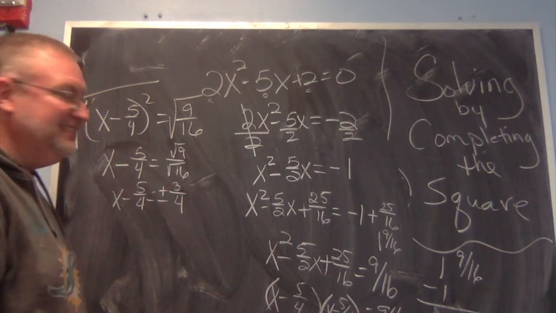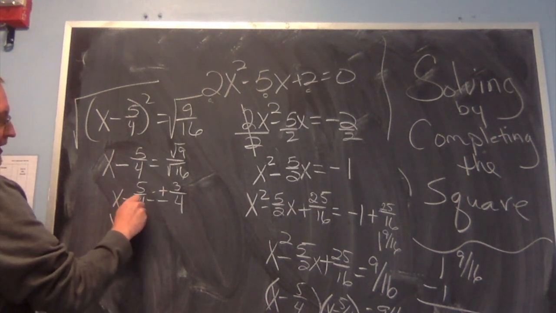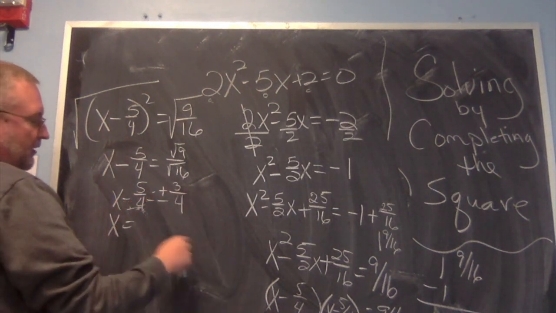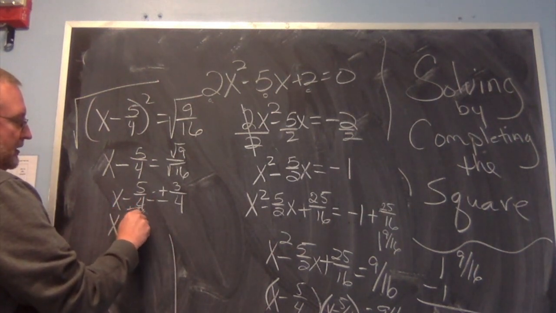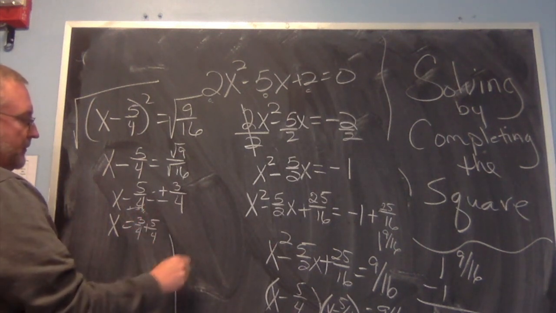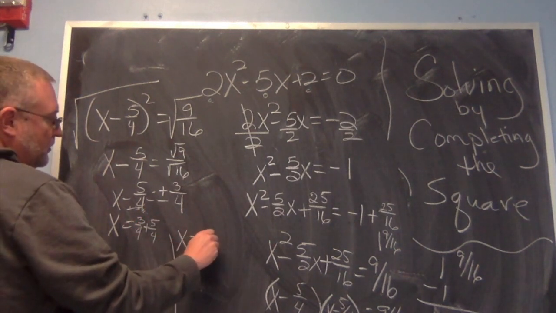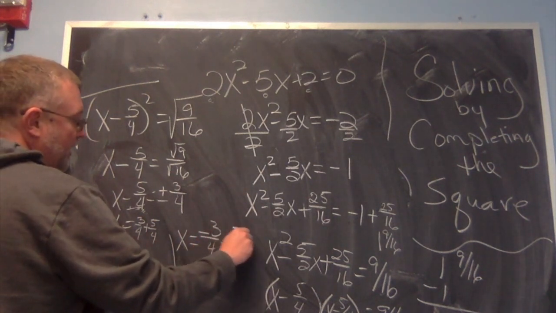We're almost done. Now I'm going to have to add 5/4 to get rid of it. But I have to do over here, which basically I'm going to have 2 problems. So I have x equals positive 3/4 plus 5 over 4, and x equals a negative 3/4 plus 5 over 4.